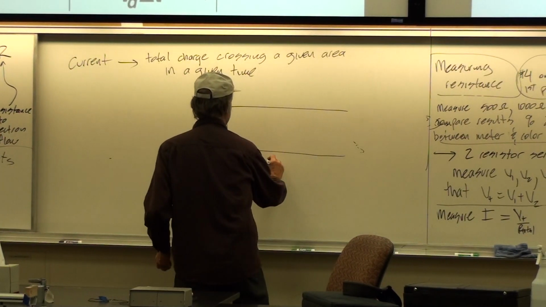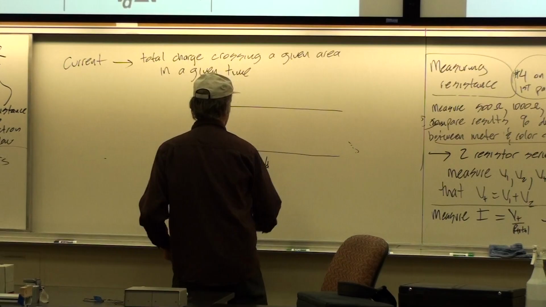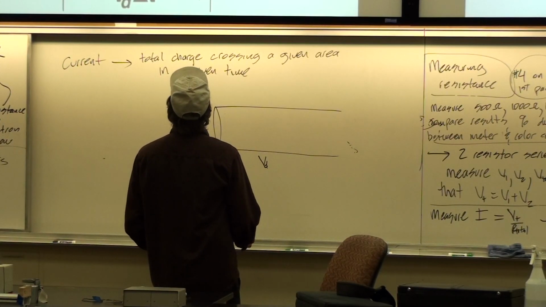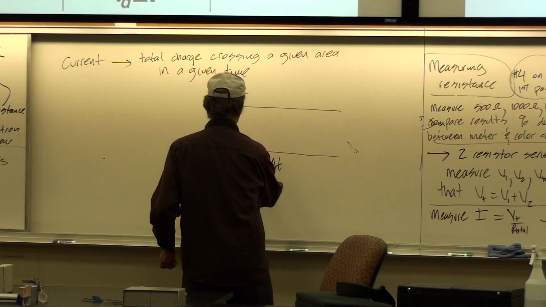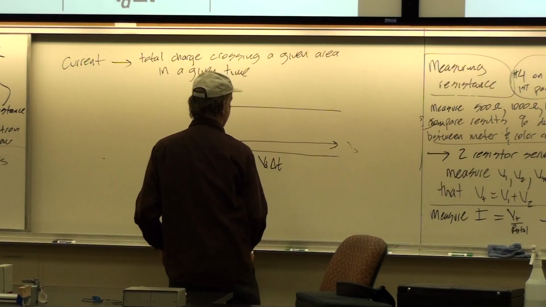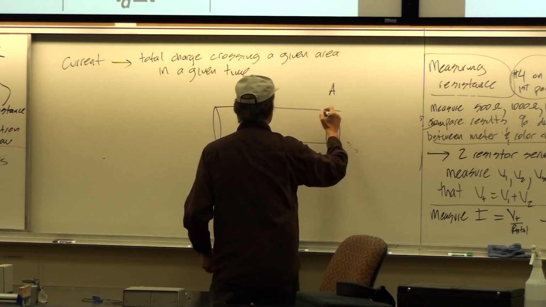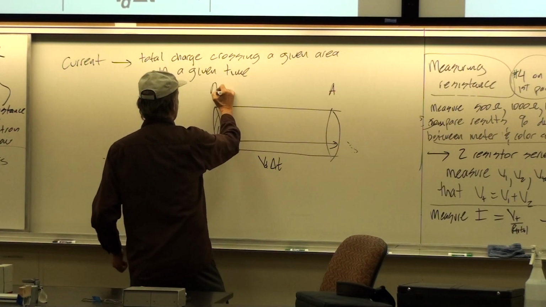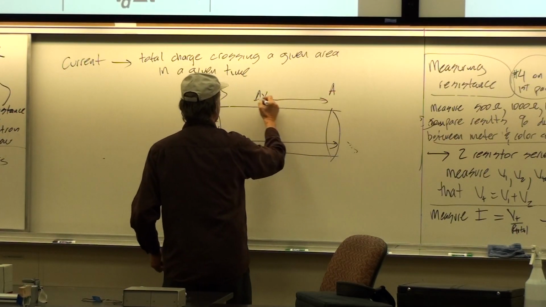And so if we think of the distance that's traveled by the electrons in a given amount of time as being v drift times delta t, this would be the cross-sectional area of the wire. This is just rate times time equals distance.